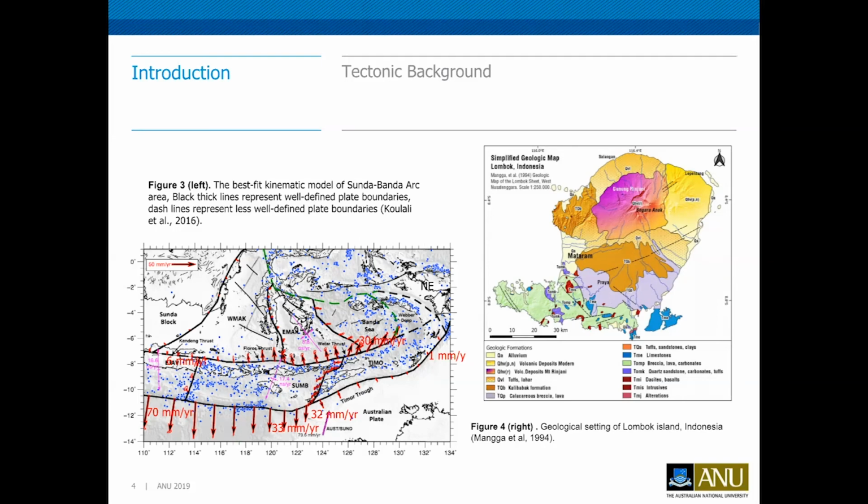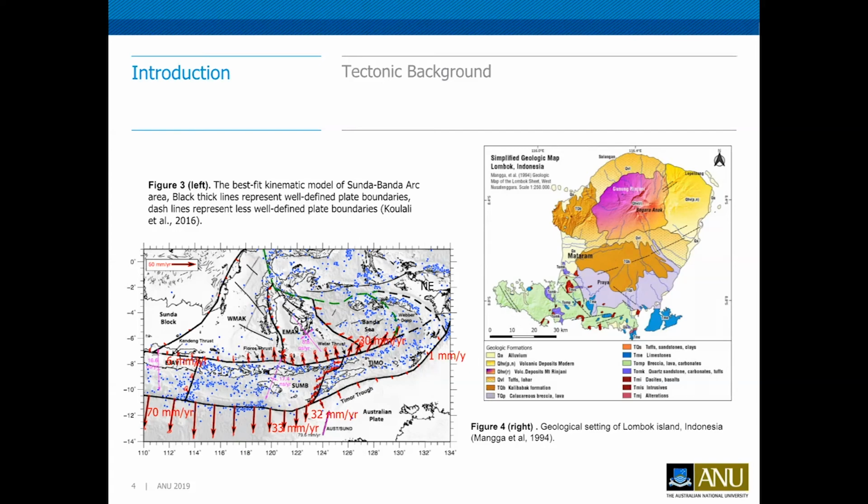The relative motion between the Australian plate and the Sunda block along the Java Trench decreases from 70 millimeters per year at the Lombok Basin to 33 millimeters per year at longitude 122. Then along the Timor Trough, it decreases from 32 millimeters per year to about 1 millimeter per year.